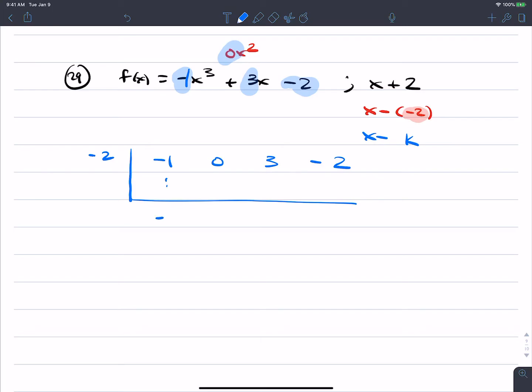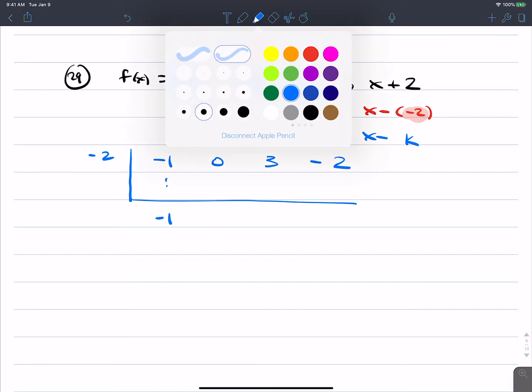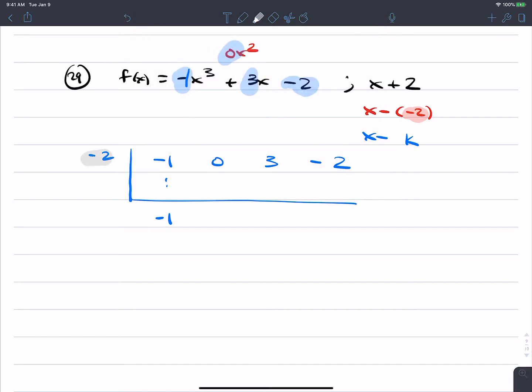So bring down your negative 1. Negative 2 times negative 1 is positive 2. 0 plus 2 is 2. Repeat the process.